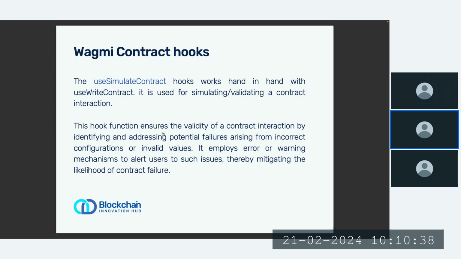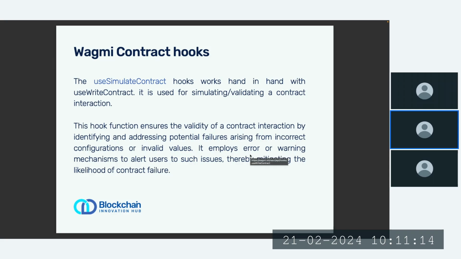So this hook ensures the validity of a contract interaction by identifying and addressing potential failures arising from incorrect configurations or invalid values. So, for example, if a particular function has 3 parameter arguments and then you pass in 2, whenever you run this useSimulateContract, it's going to return an error for you. It employs error or warning mechanisms to alert users to such issues, thereby mitigating the likelihood of contract failure.